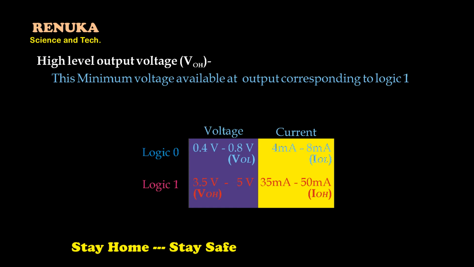So this is the minimum voltage available at the output corresponding to logic 1. So minimum voltage is 3.5 volt. The voltage below 3.5 volt will be considered as logic 0 and at 3.5 volt it will be considered as logic 1. If the voltage is greater than 3.5 volt, no problem, it will be considered as logic 1. So 3.5 volt is the VOH in this case.